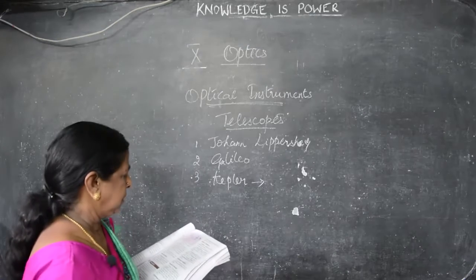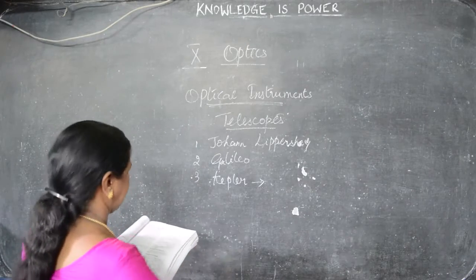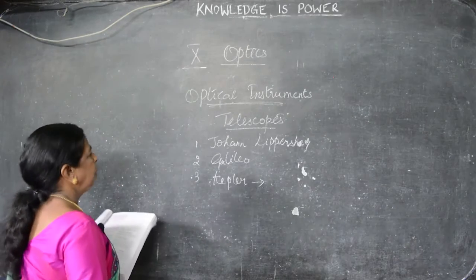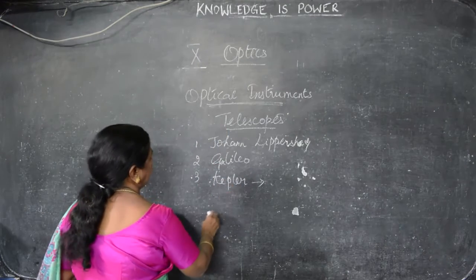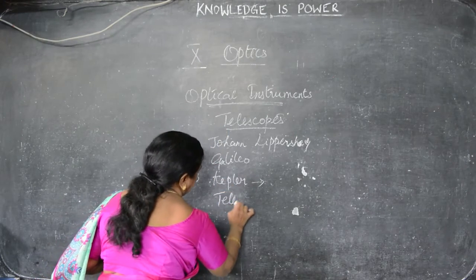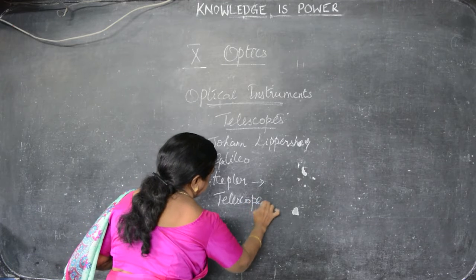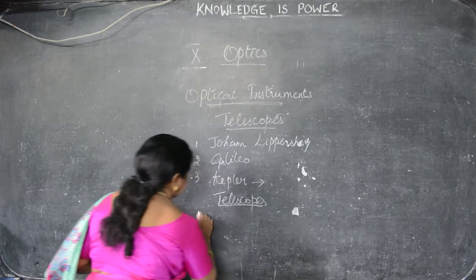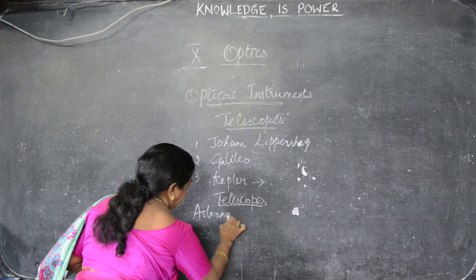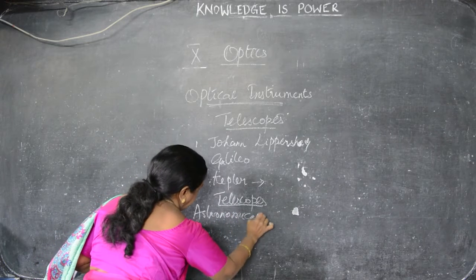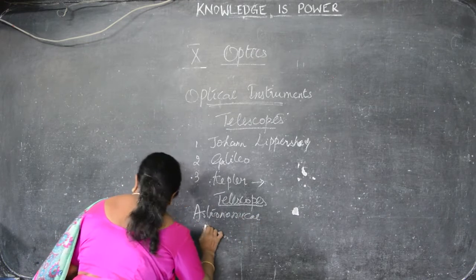This is fundamentally similar to the astronomical telescope. There are two kinds of telescope. One is astronomical, this is the history of telescope. What are the two kinds of telescopes? One is astronomical. The other one is terrestrial.